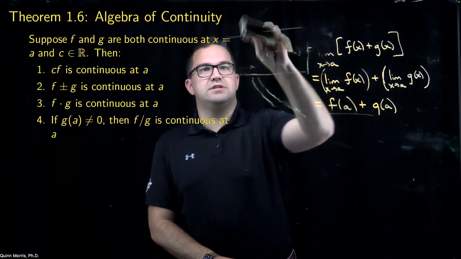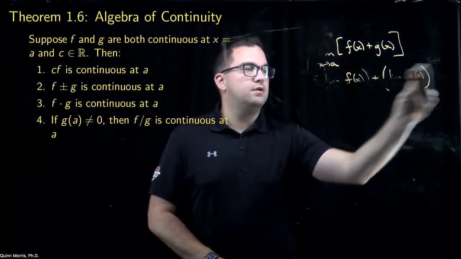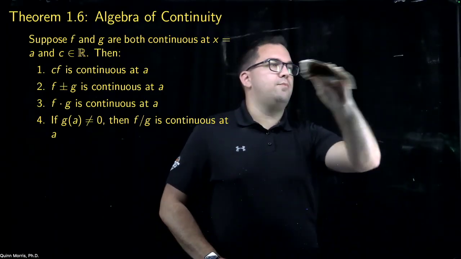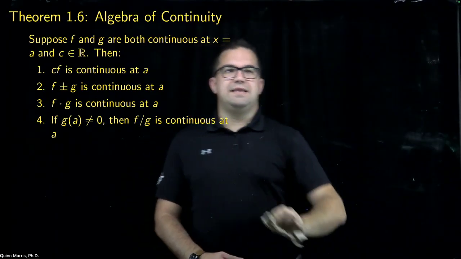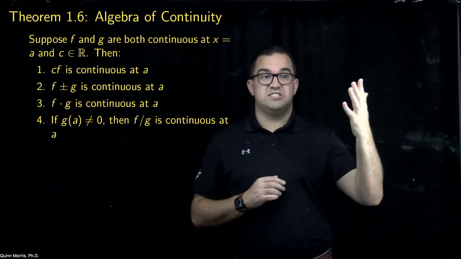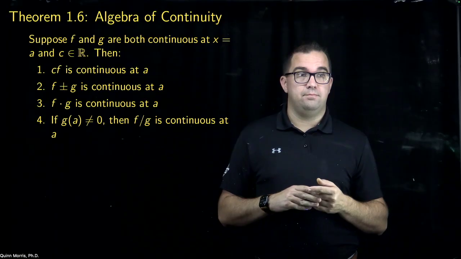Now, this also starts to give me a bunch more continuous functions. Let's say I know that trig functions are continuous on their domains, and polynomials are continuous everywhere. So now I can take a polynomial, say x cubed, and a trig function, say sine. Both x cubed and sine are continuous everywhere.